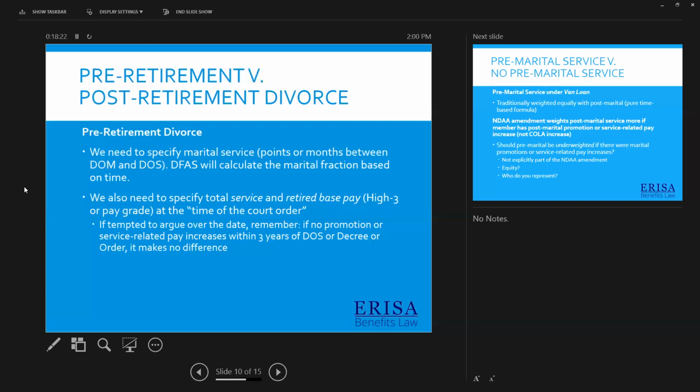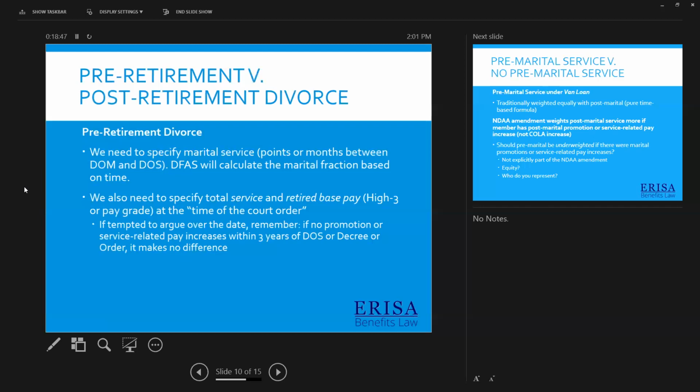You're going to come up with the same result. So focus on determining whether you have an issue here. Focus on whether the member had any promotions or pay increases due to service in the 3 years before any of the potential dates that we might be using.